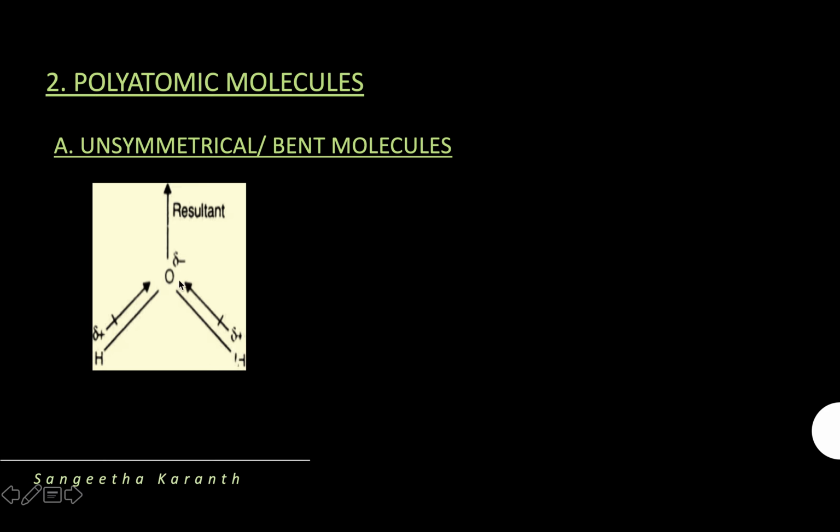When you compare hydrogen and oxygen, oxygen is electronegative in nature. So the dipole moments of both these bonds are pointed towards oxygen in this direction. When both the dipole moments are in this direction, the resultant dipole moment will be in this direction, that is, in the direction of the dipole moments of the two bonds.